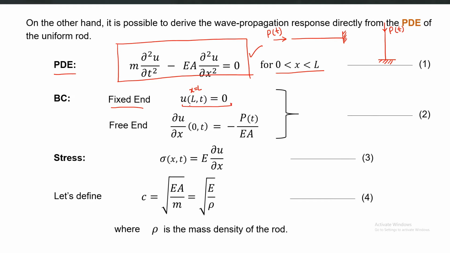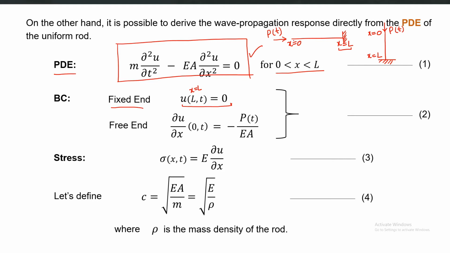This is x equal to 0 and this is x equal to L, where we have the fixed support. At the free end, we will have the displacement gradient, or in fact the strain at the free end.